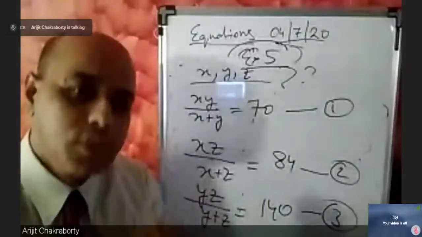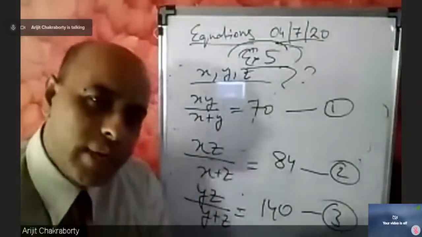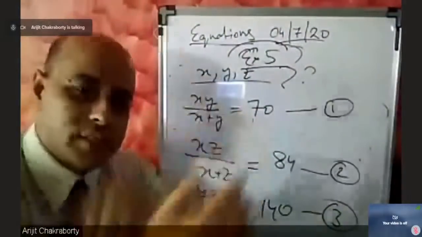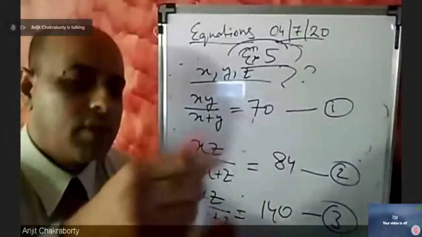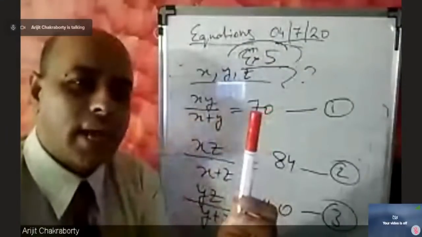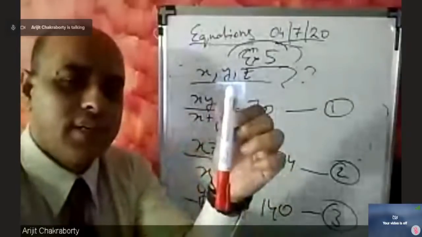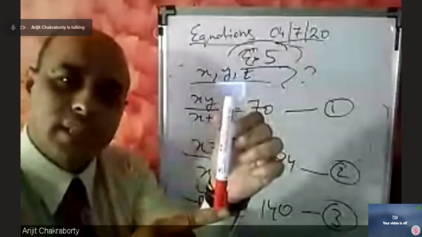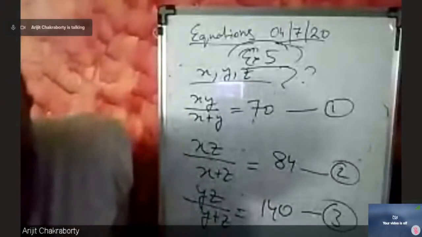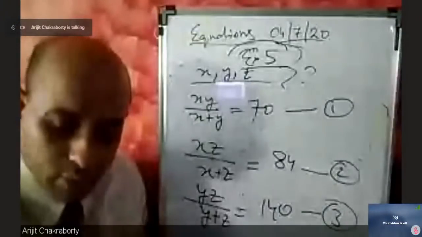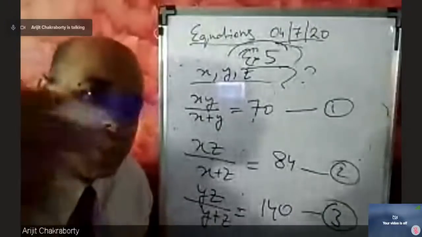So what we do, friends, we invert all the equations. Invert means from here down. Okay, so this red is at the top. I invert. So now red is down. So what we do is we invert each of the equations, and I'm writing the inverted equation with blue color.